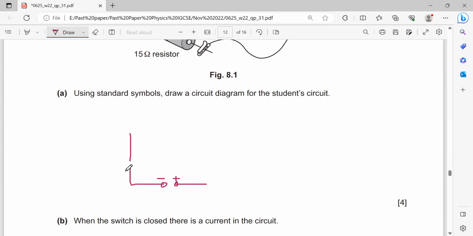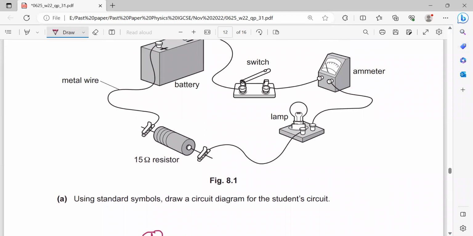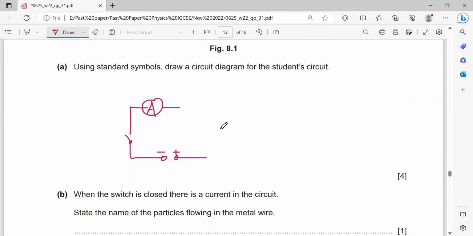Afterwards, this is the switch. The switch position is here. After that, the ammeter is here, and after the ammeter, the lamp, with the electrical symbol like this.